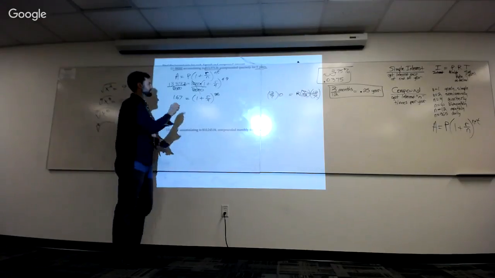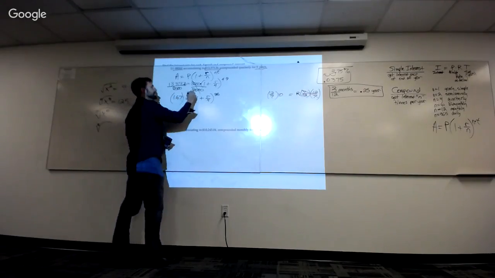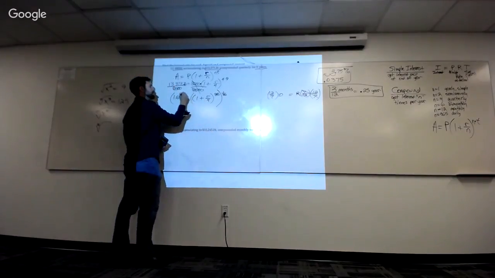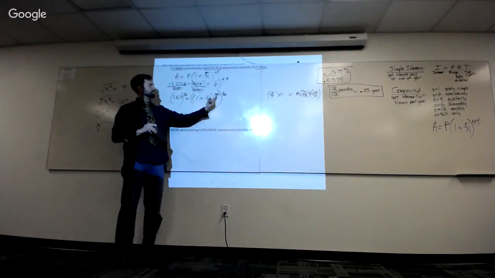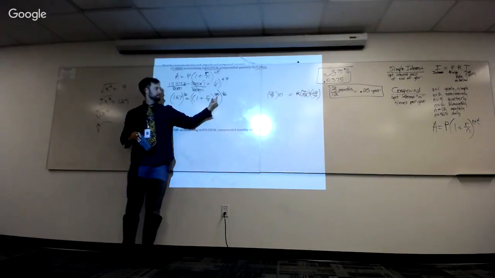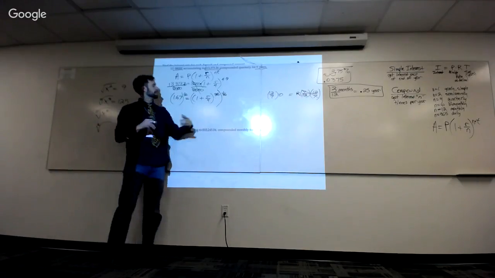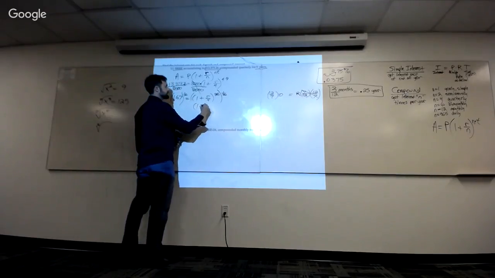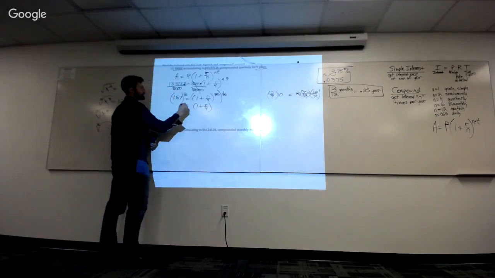What we can do now is raise both sides to the exponent of 1/36. Because what do you do when you raise an exponent to an exponent? You multiply exponents, and 36 times 1/36 is 1. And so over here, we're just left with 1 plus R over 4 to the power of 1, which is just 1 plus R over 4.